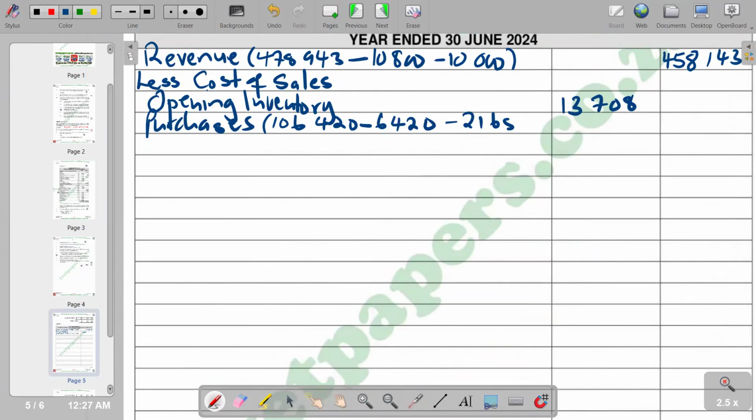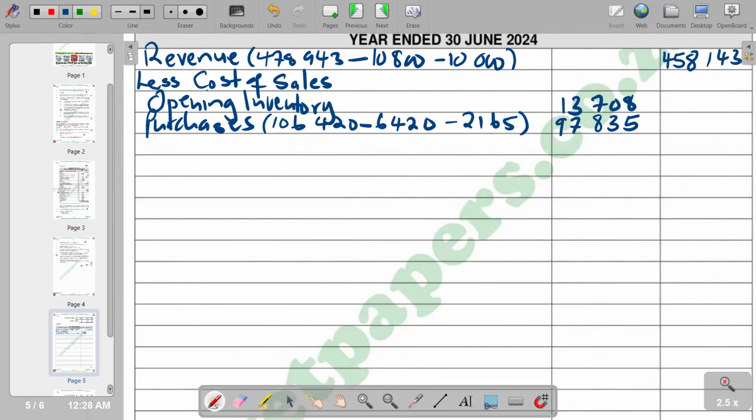With that, we can close and then calculate to get the net figure: 106,420 minus 6,420 minus 2,165. Then obviously our answer is going to be 97,835. So this is what we have on this part.